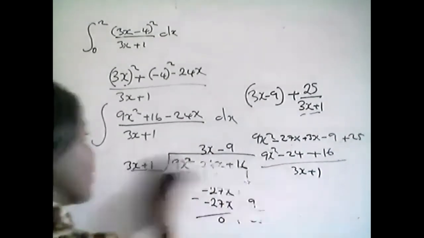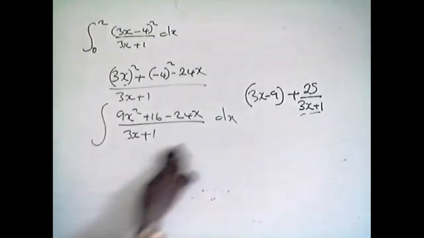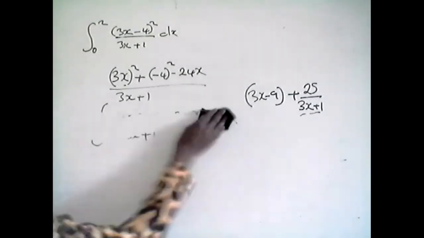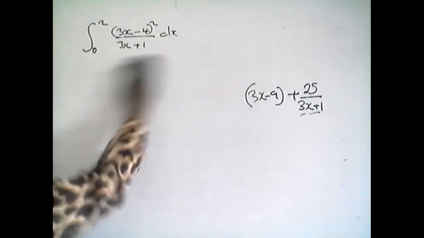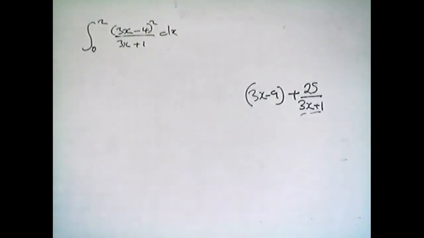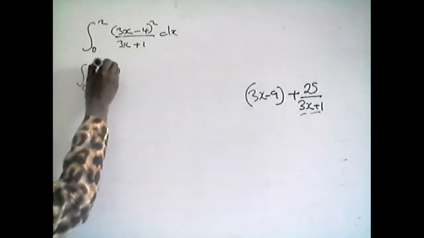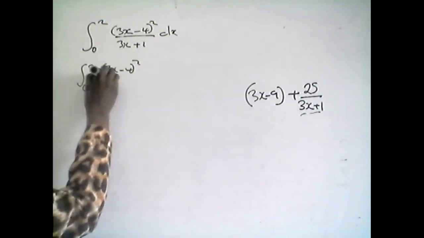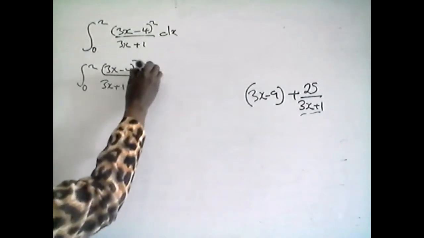So I'll wrap this part here, and let me just write this. After I've decomposed it into partial fractions, now I can say the integral from 0 to 2 of (3x minus 4) squared over 3x plus 1 dx.